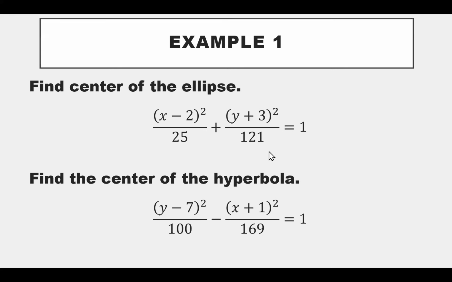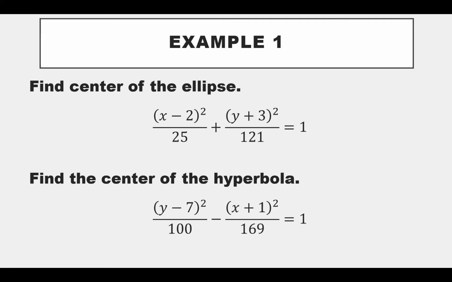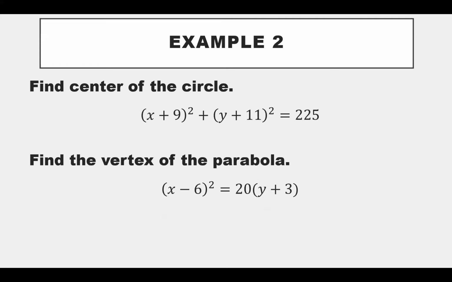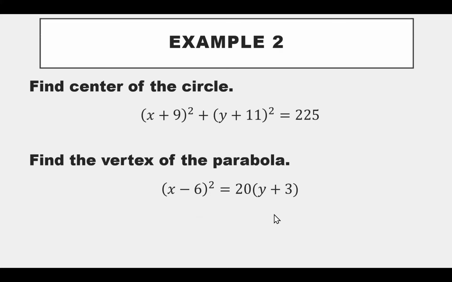We could have done a similar thing for any of these conic sections. We did that for the ellipse. We could have found the same types of features for the hyperbolas that we did before, and now just shifting it 7 units up, 1 unit to the left. So shifting the center of our hyperbola.